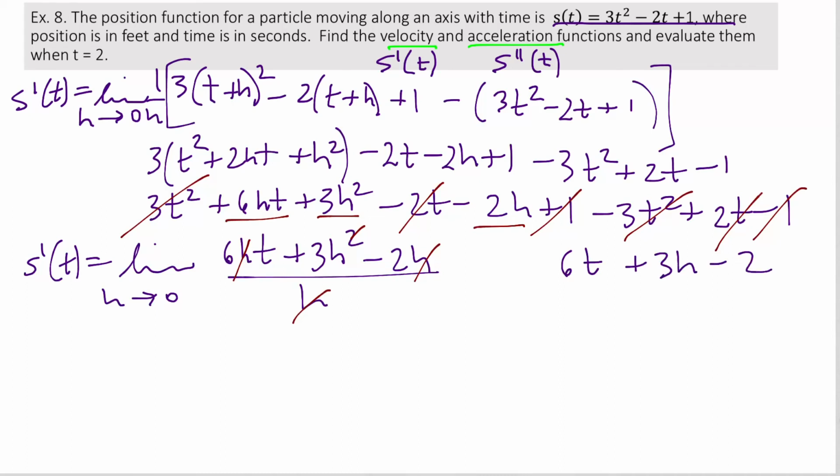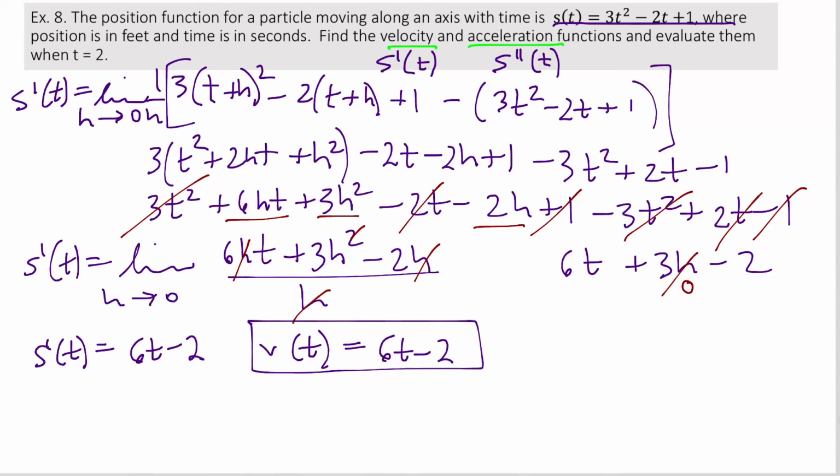So I'm going to take the limit as h approaches 0 here. So this term will go. So we have 6t minus 2. So that means my velocity function, v of t, which is the derivative of the position function, is 6t minus 2. So we've got that now.